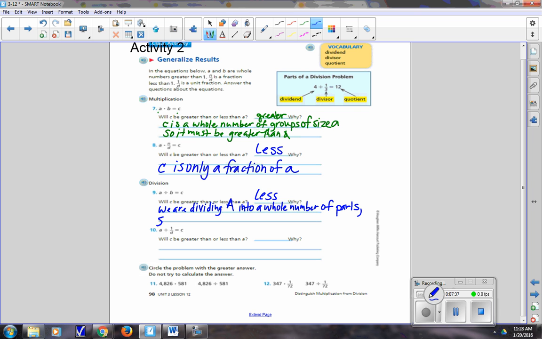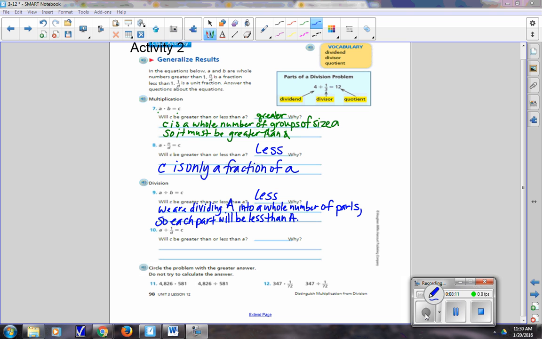So each part will be less than A. So we're taking A and we're dividing it out. We're breaking it apart, right? We're breaking it into groups. We're breaking it into parts. So C, of course, is going to be smaller than that because we're breaking that A up. Everybody got it? Okay.